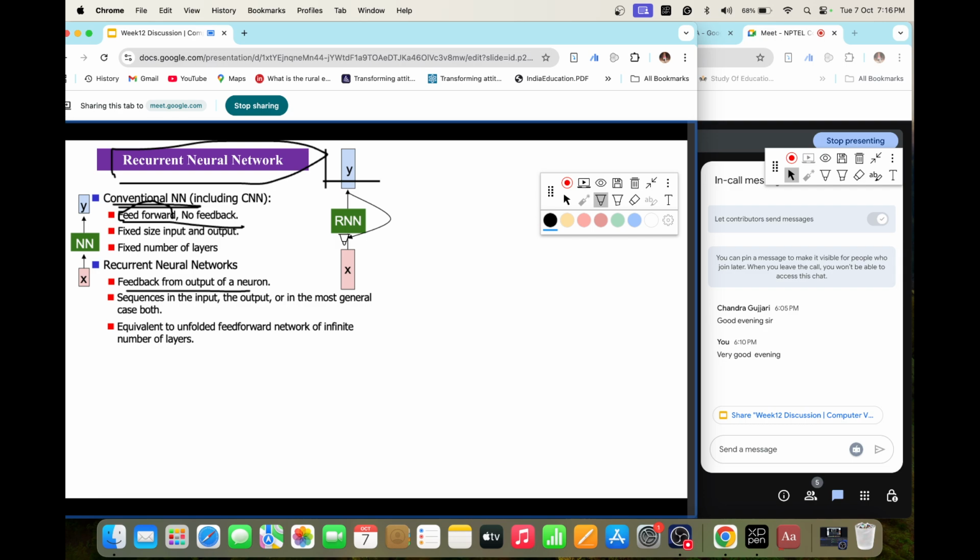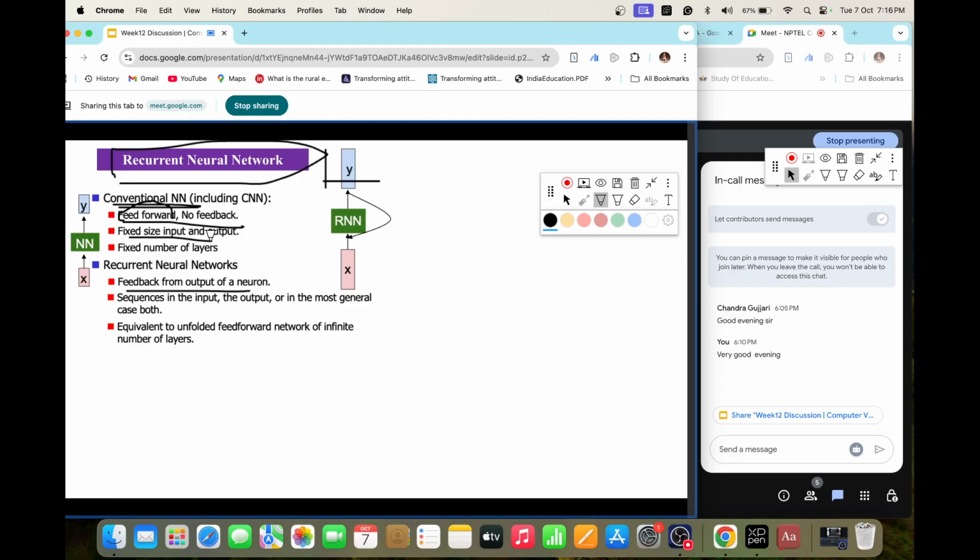Second thing is the disadvantage of your ANN, or the conventional neural network, that is fixed size input and output. That means if we are talking about an image, as an image is a fixed size, definitely we can do the ANN or CNN and get the result. But if we are talking about detection in a video or speech or anything, the input size is not fixed, right?